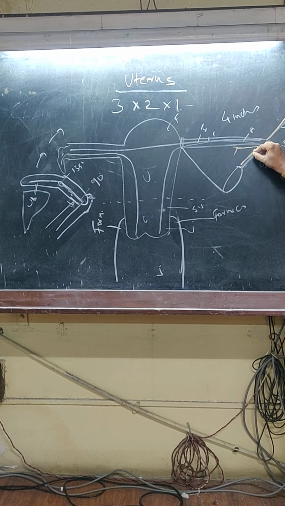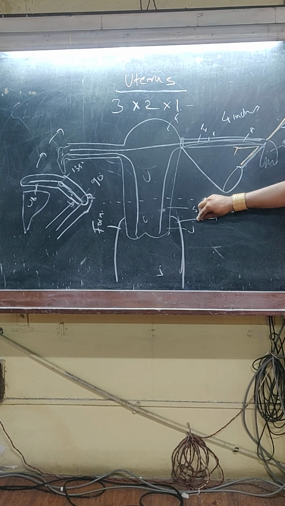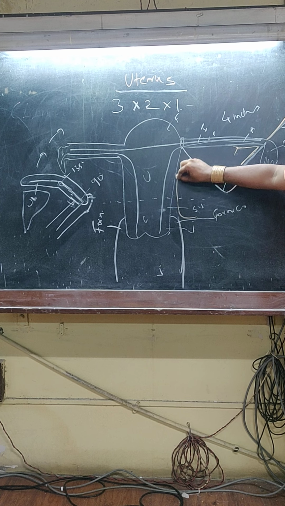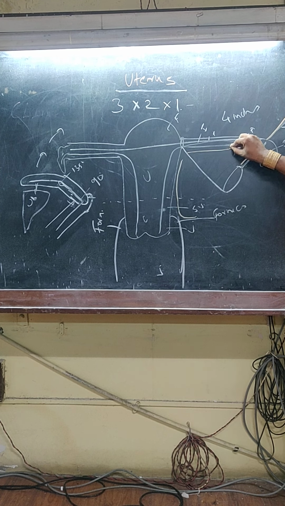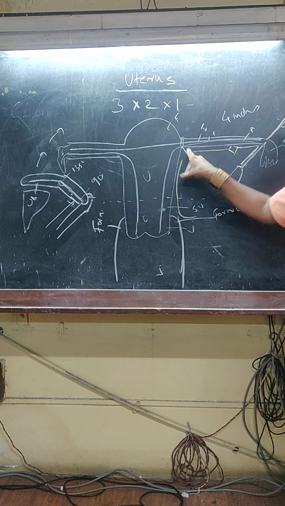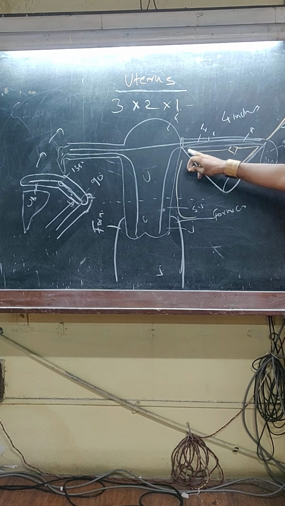Lying in which ligament? Suspensory ligament of the ovary or infundibulopelvic ligament. So it supplies the lateral 1/3 of the uterine tubes. The uterine artery is here, supplies the uterus and the medial 2/3 of the fallopian tube.